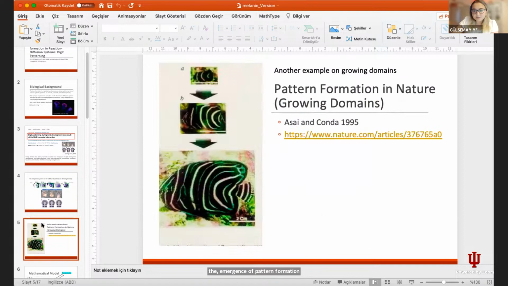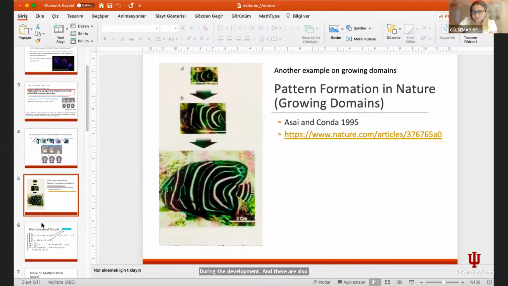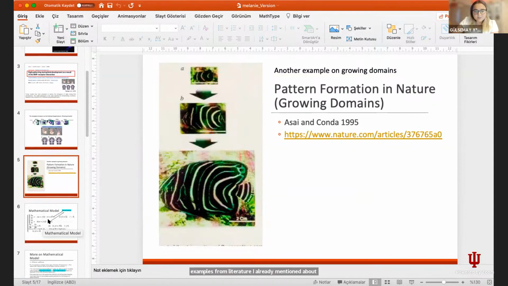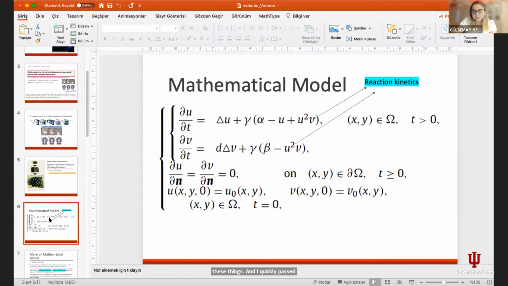And there are also other examples from literature. I already mentioned these things, and I quickly passed through the mathematical model. This is the Schnakenberg model, with equations in the form of partial differential equations with zero flux boundary conditions. Here we can see the diffusion operator, and the rest of the parameters represent the reaction kinetics.